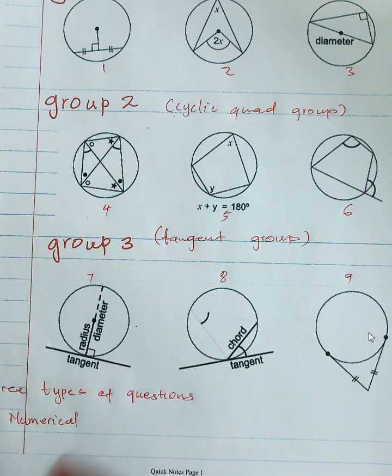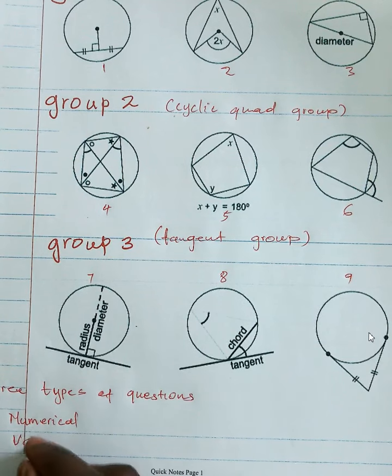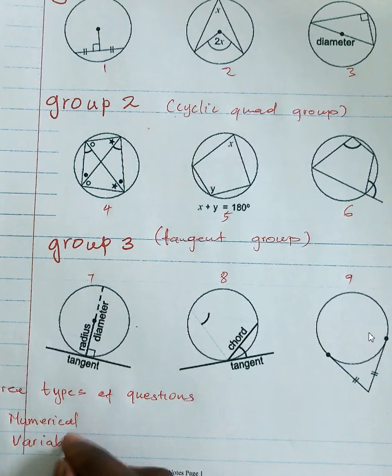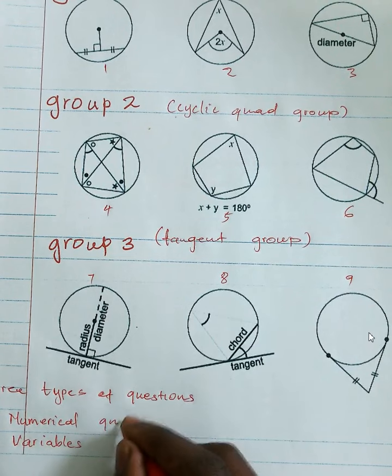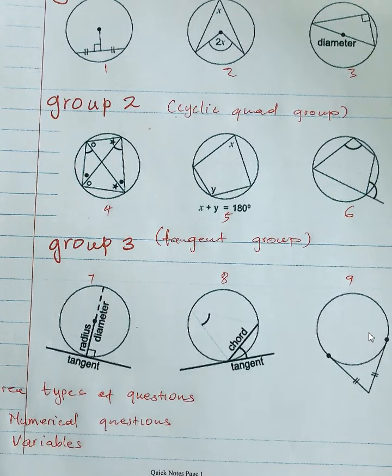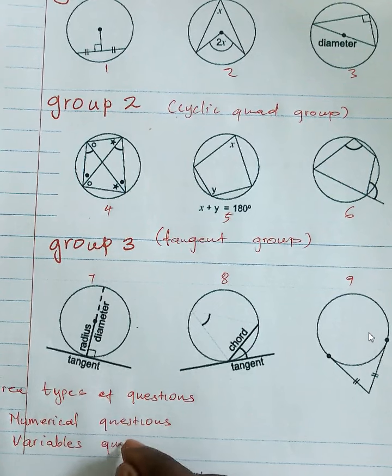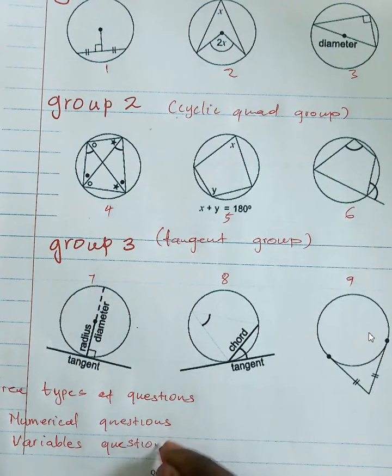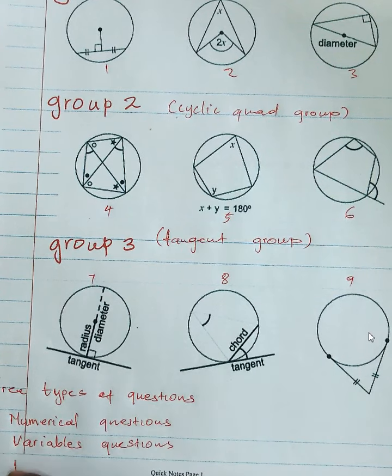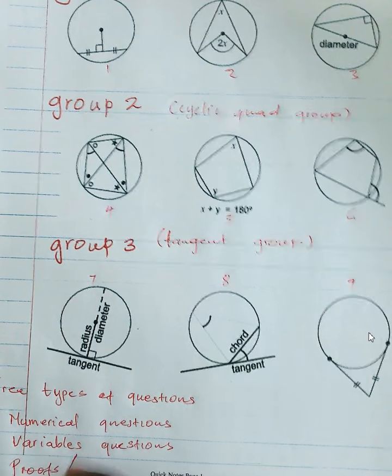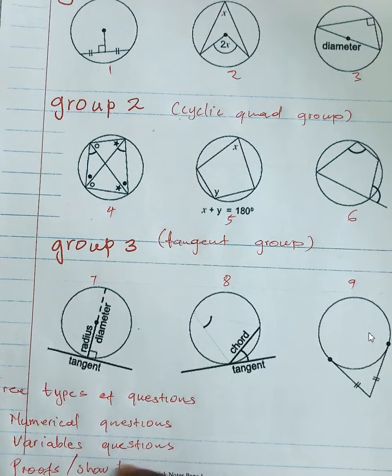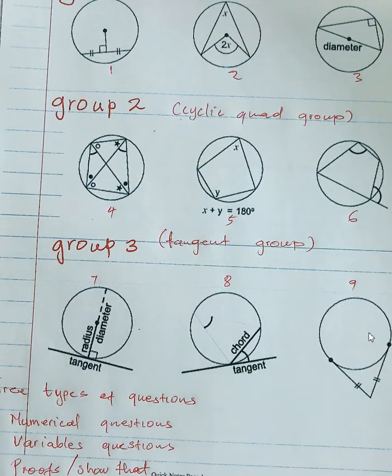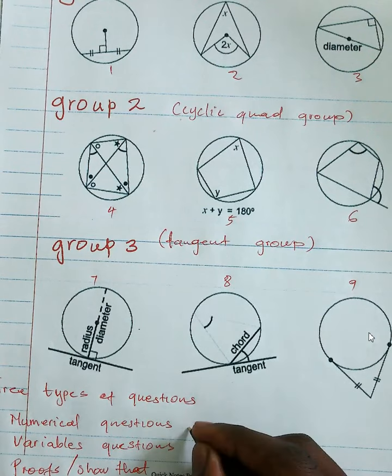Type number 2 is going to be variables. Numerical questions, and then variable questions, and then lastly we have proofs, or we have show that. For the purpose of this video only, I'll be dealing with variable questions.